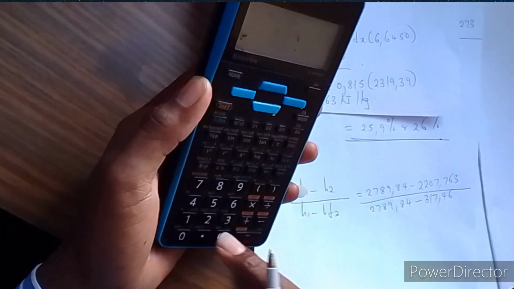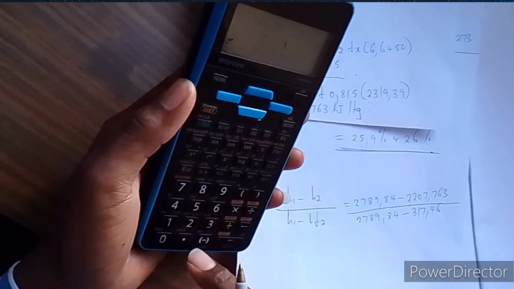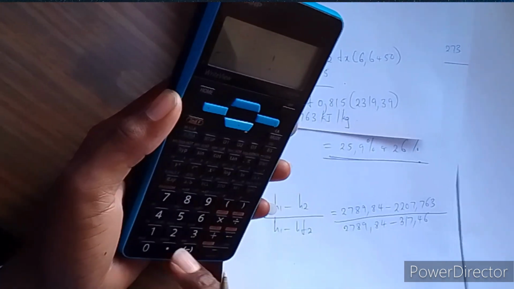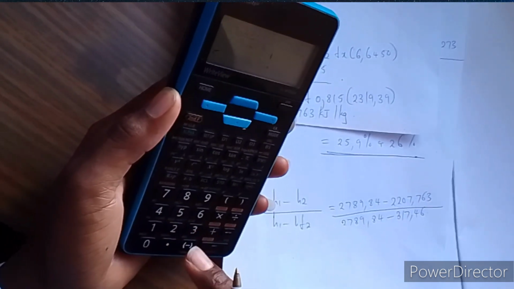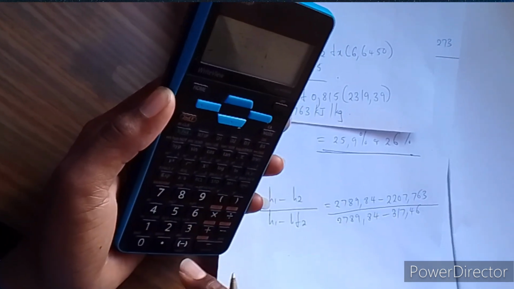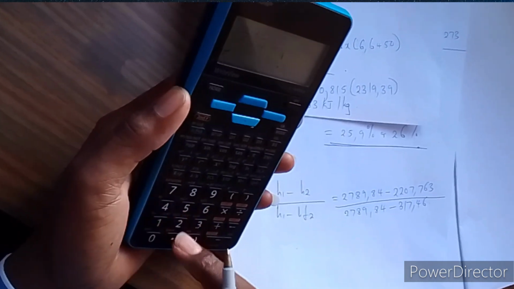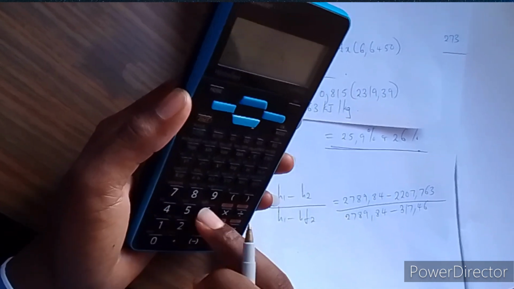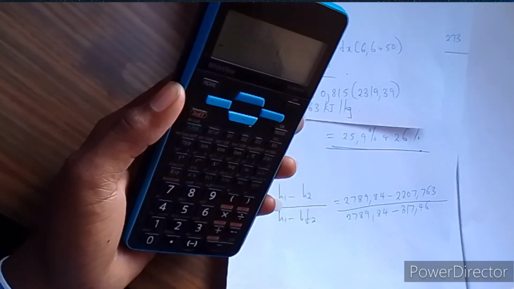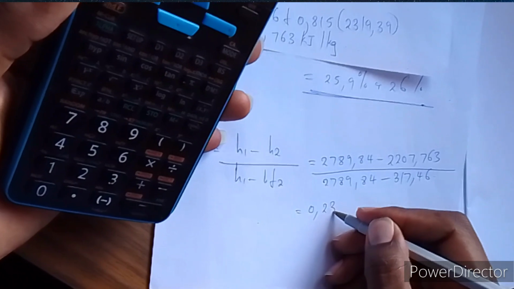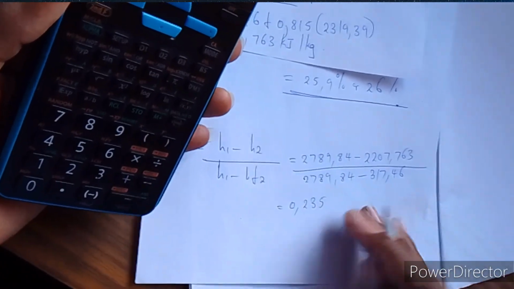So now I'm going to say 2789.84 subtract 2207.763 divided by 2789.84 subtract 317.46. Then our final answer is going to be 0.235.